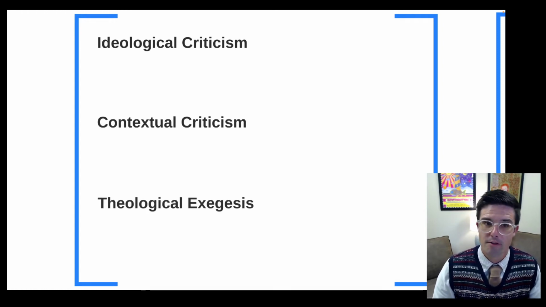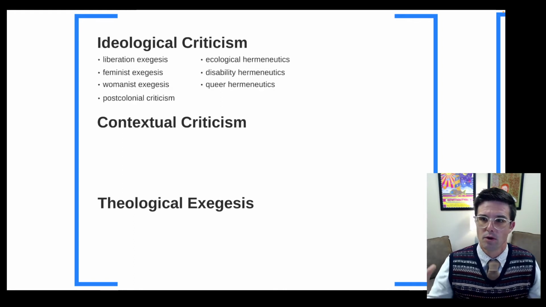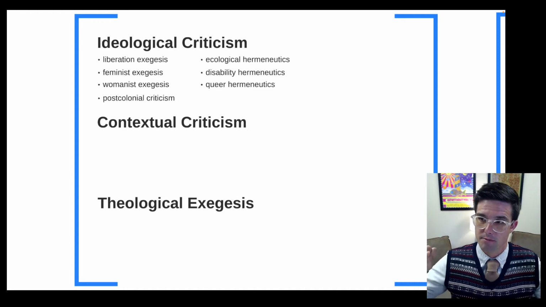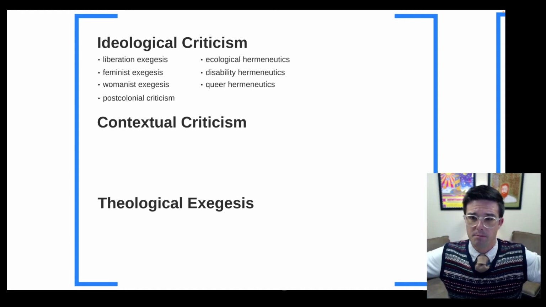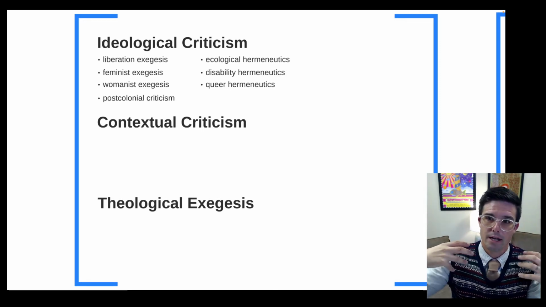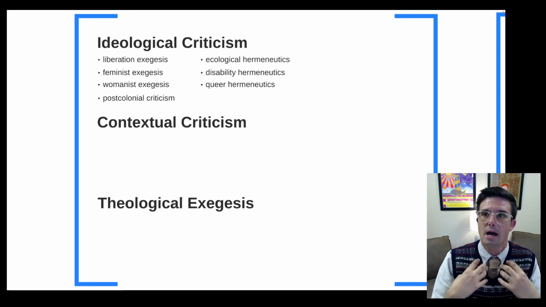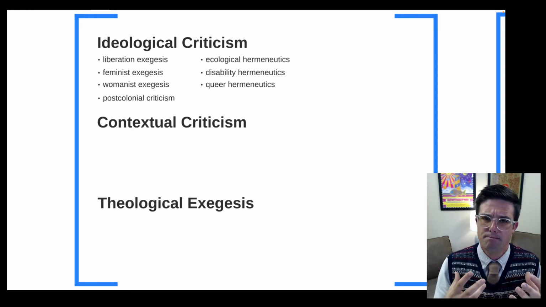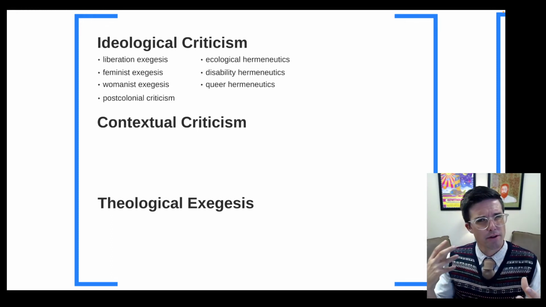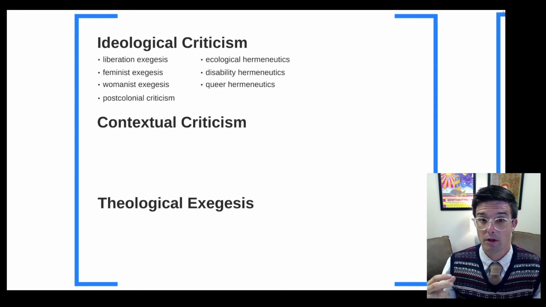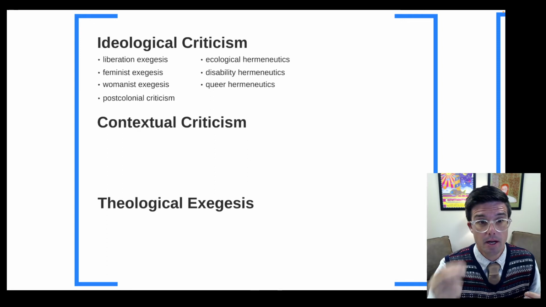So the first of the three, ideological criticism, is really going to bring various ideologies from the outside of the person, not necessarily always related to who they are as a person, but all tied together by being an outlook on the world and an outlook on how one might approach the biblical text.